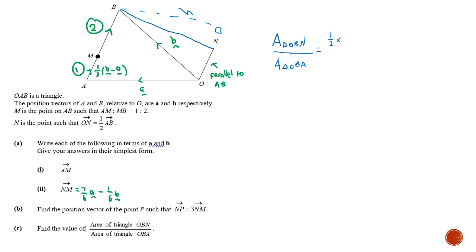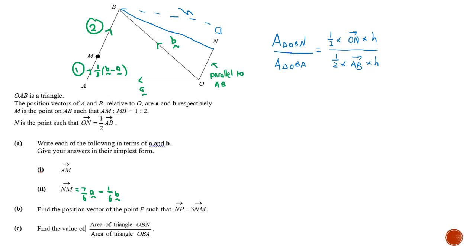For the base of this triangle OBN will be ON times the height, over half times the base of triangle OBA, which will be AB, and we'll multiply by a common height.